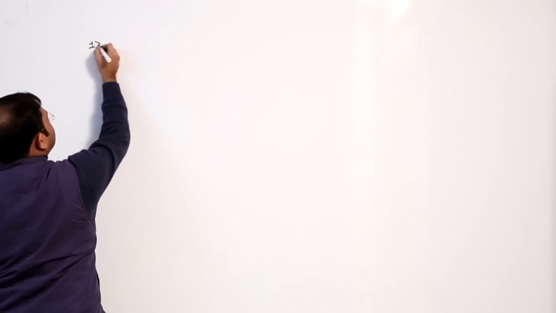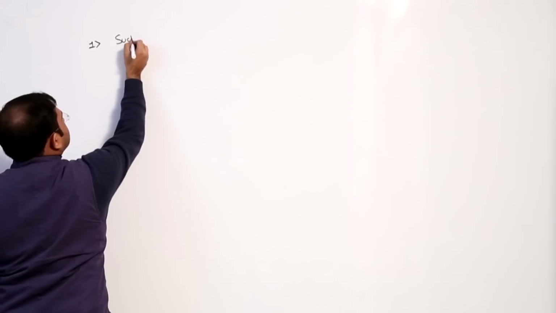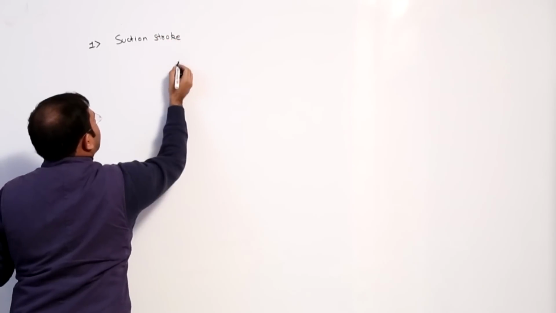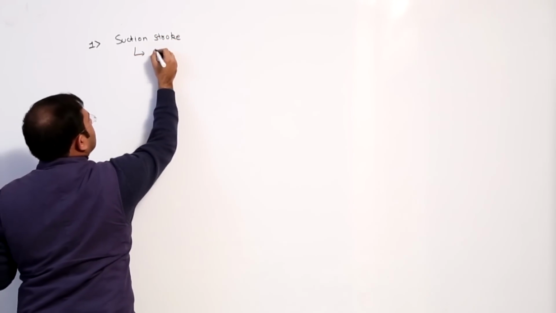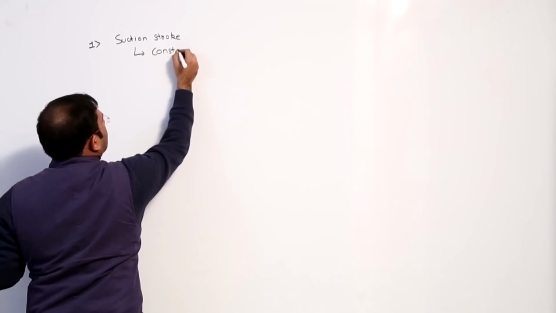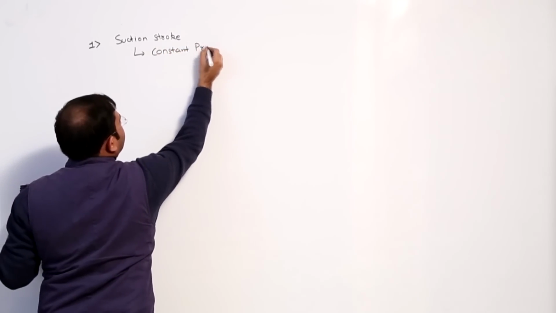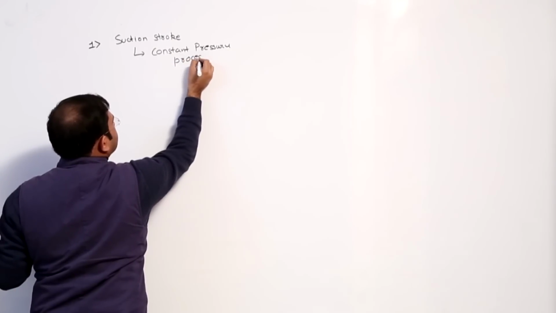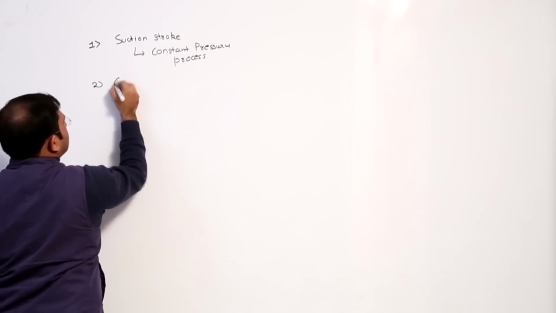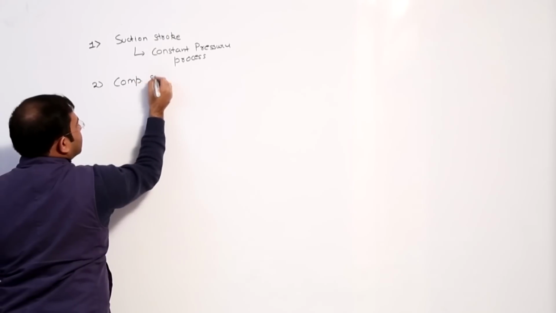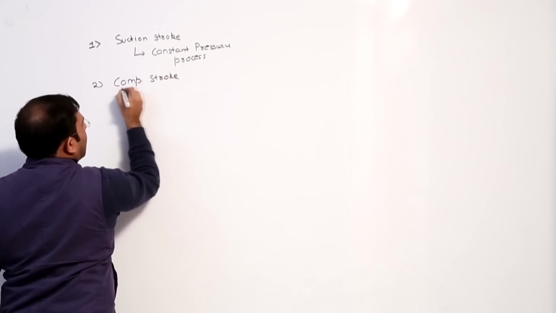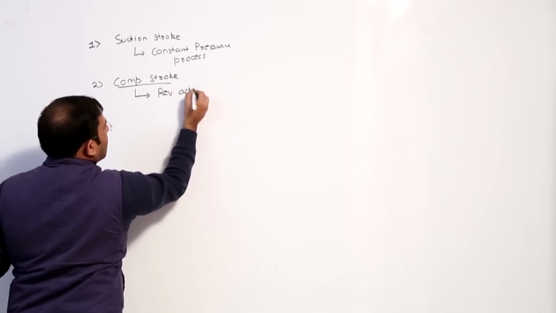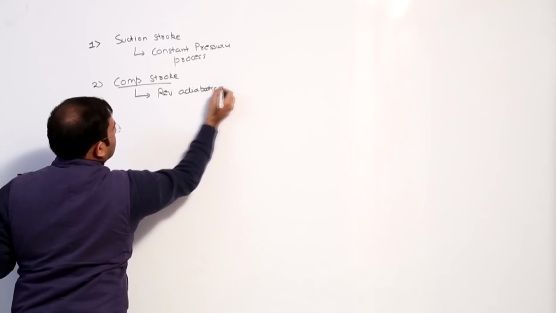Now see, again the 6 events. Suction stroke, and it can be considered as a constant pressure process. The second is compression stroke, and it can be considered as reversible adiabatic compression.